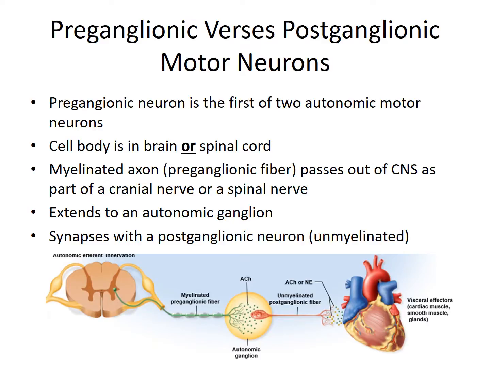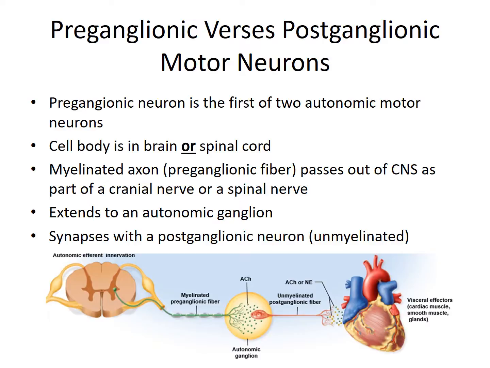Preganglionic versus postganglionic motor neurons in the autonomic nervous system. The preganglionic neuron is the first of 2 autonomic motor neurons. And the cell body is found either in the brain or the spinal cord.